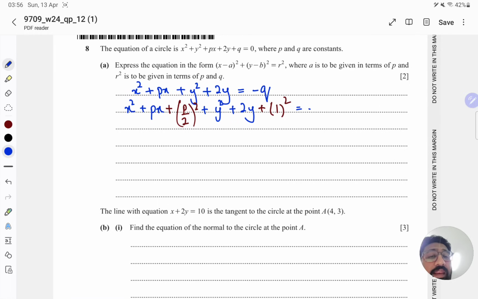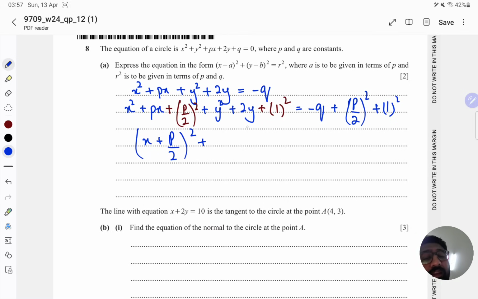Whatever you have added on the left side, you have to add that same thing on the right side as well, which is 1. So these first 3 terms can be together like this, and similarly the next 3 can be written together, and this is going to be minus q plus 1, so p squared divided by 4 minus q plus 1.